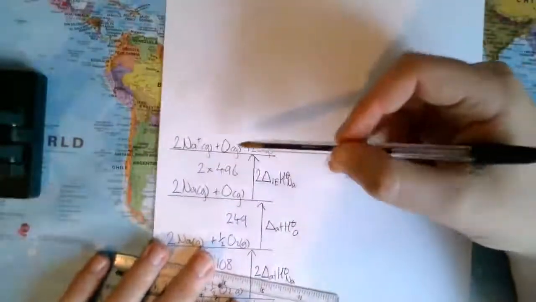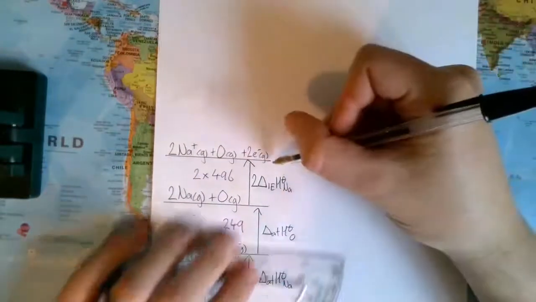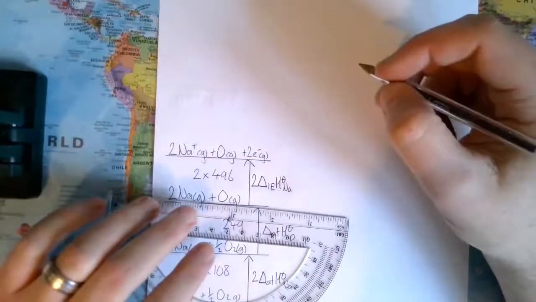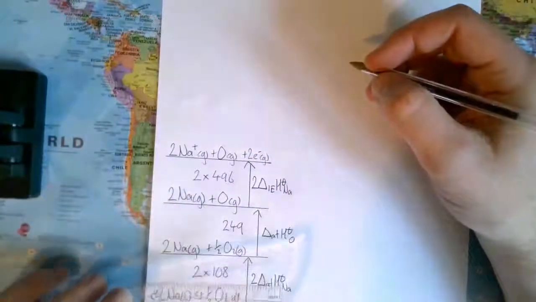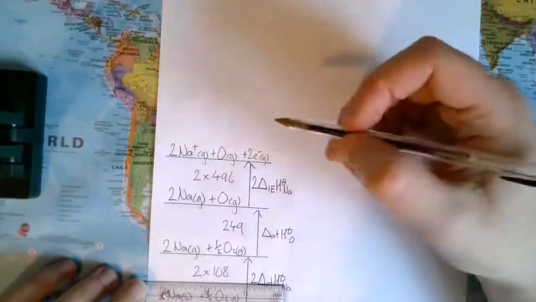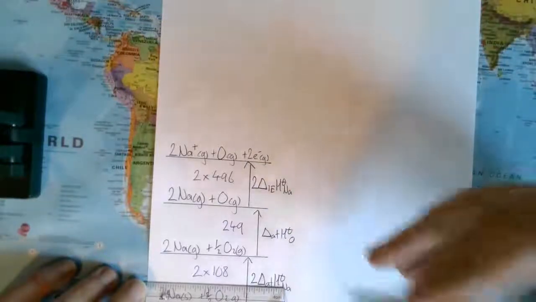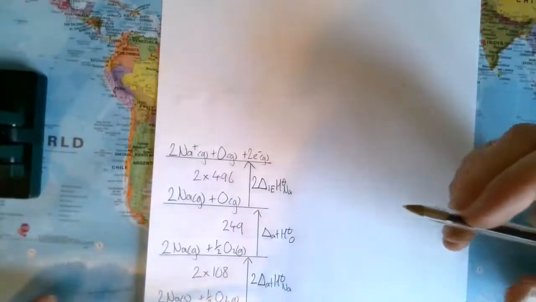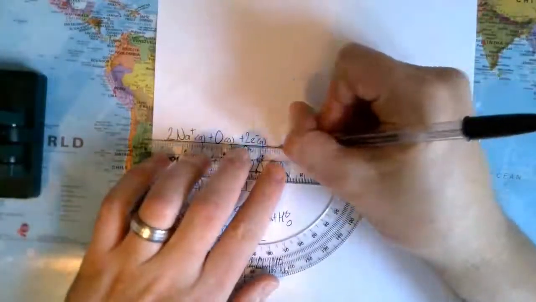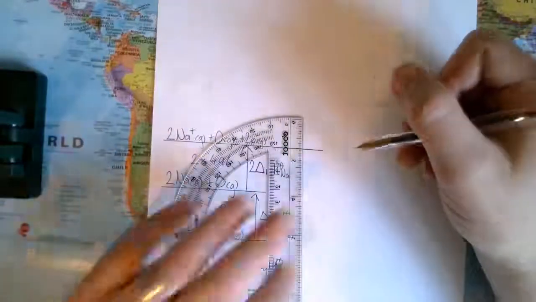Now we've got to turn the oxygen atom into an oxide 2- ion. This is known as electron affinity. Ionization energy, remember, is for loss of electrons to form the positive ions. Electron affinity is for the gain of electrons to form the negative ions. Now the first electron affinity for oxygen is exothermic. It has a negative value, minus 141.